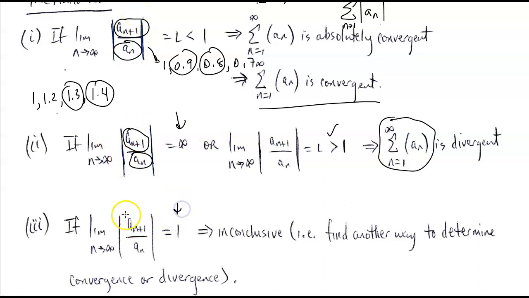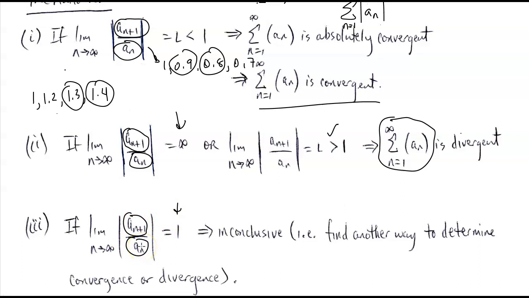Whenever the limit here is equal to 1, what we're saying is that these two functions here are decreasing at pretty much the same rate, or increasing at the same rate. So there's not much difference in between these two terms as far as how fast they increase or decrease.